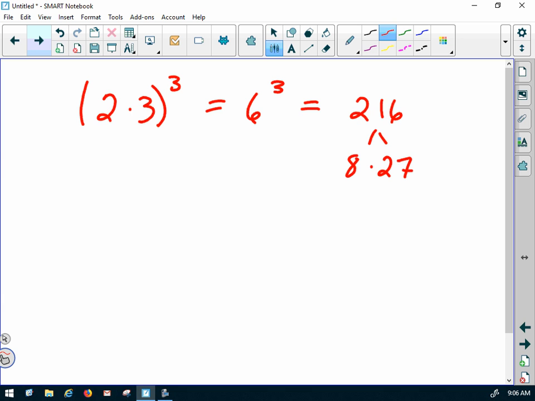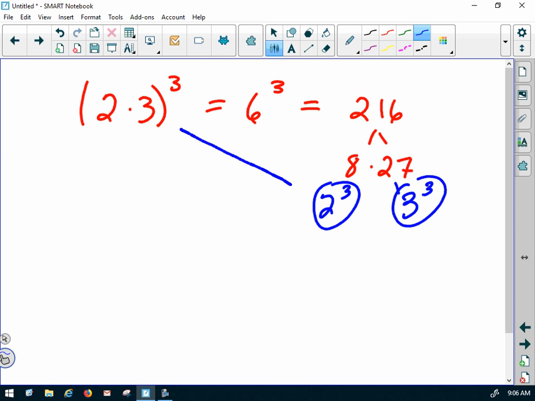Now, guess what? 8. I'm not doing a factor tree right now, so I don't want you to think that that's a factor tree. 8 is 2 to the 3rd power, and 27 is 3 to the 3rd power, right? Look here.